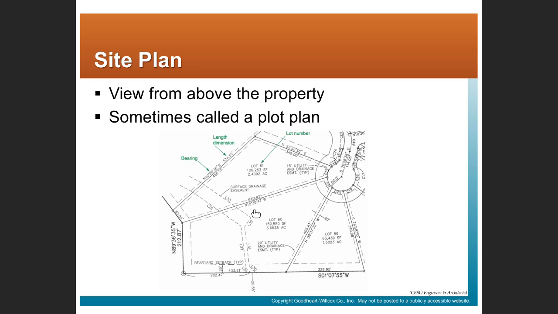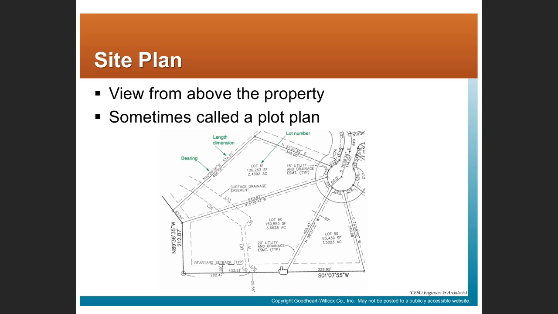We have a bearing and a dimension. If it's something curved like this, then the layout is a little more difficult. Figure 8-1B is the curve table, and I have a slide a little later this evening where I try to explain what that means. But suffice to say, that is how a land surveyor lays out a curved property line.